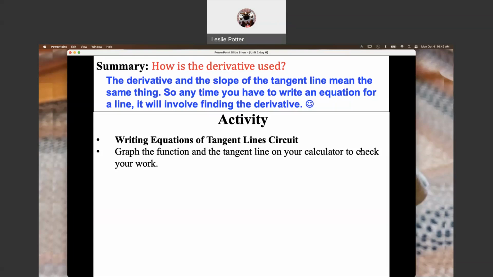You need to use your power rule to find the derivative, y prime. Plug in the value for x so that you evaluate y prime and get a number, so we can call it slope. The slope is a number. Then we need to write the equation of the tangent line. You're going to do that on your circuit.